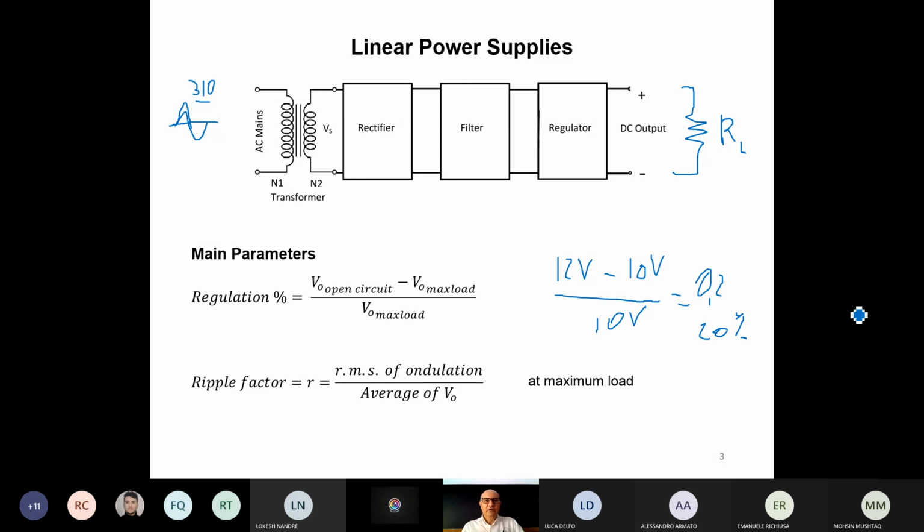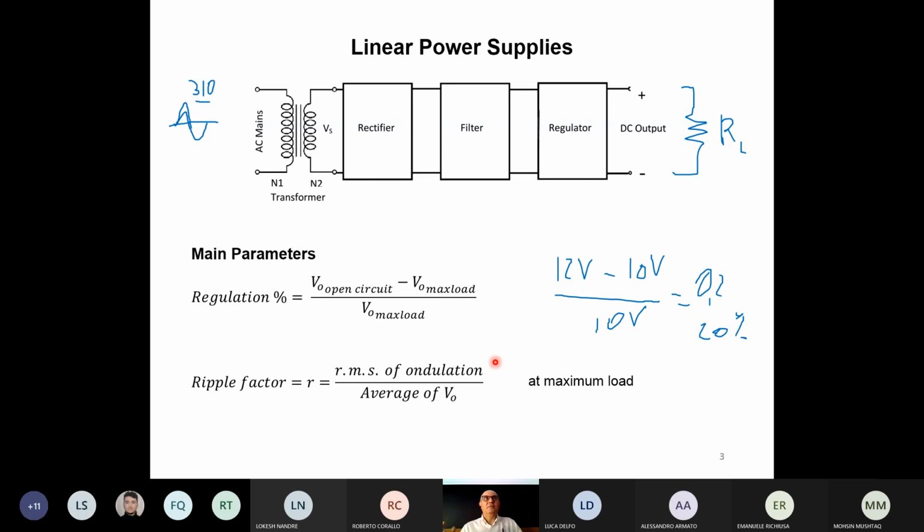So one way of defining this ripple factor, that is a bit complicated, but we will see how it is calculated, is to give a ratio between, well, at the denominator, we take the average of the output voltage, while at the numerator, we don't put just the amplitude of the ripple, but we put the root mean square value of the ripple.